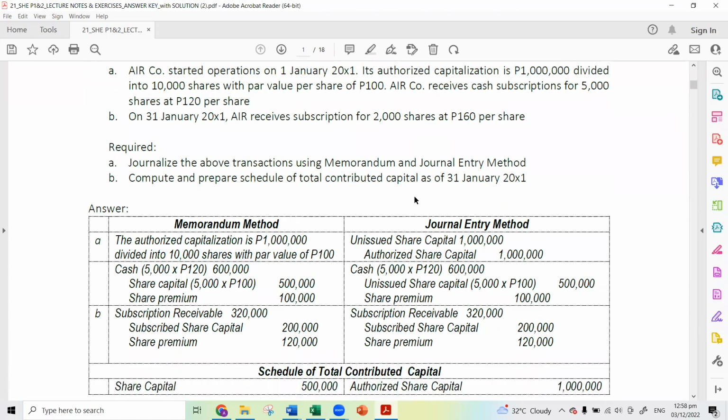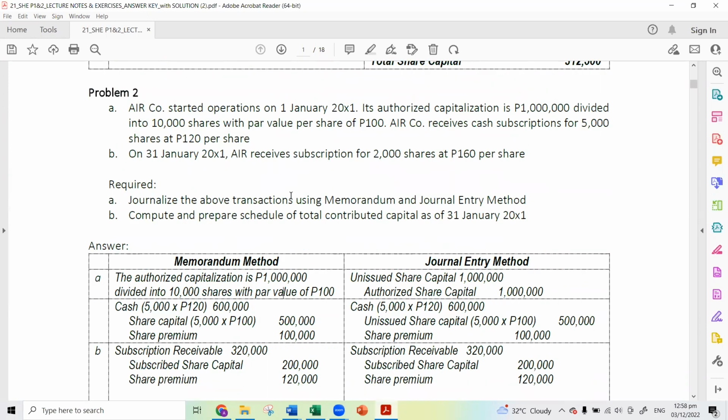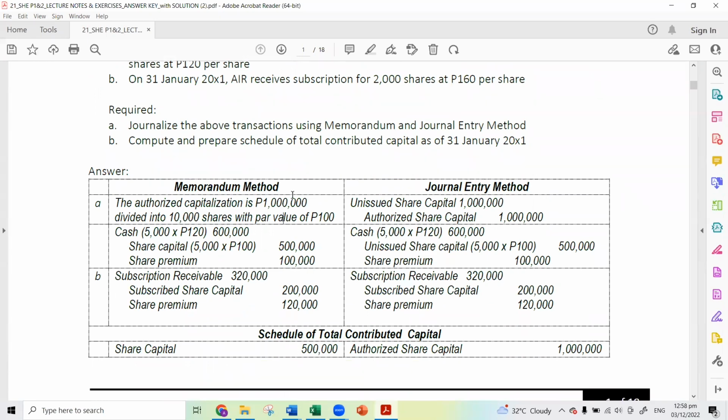So if you would notice, let's proceed with the answer here or the journal entries. The share capital and the subscribed share capital are credited at their corresponding par value, regardless of the subscription price. Regardless of the subscription price, this share capital and subscribed share capital are recorded at par value.